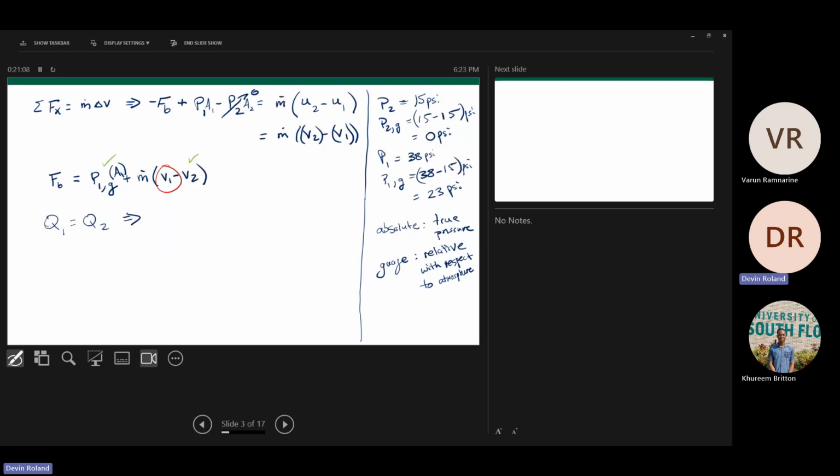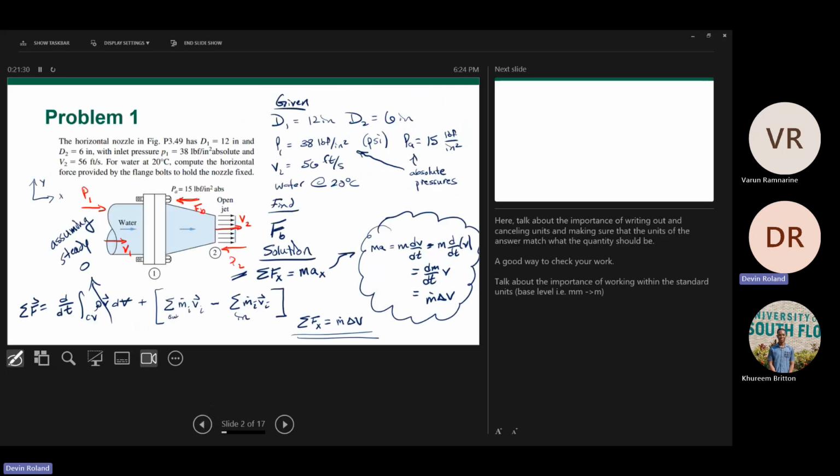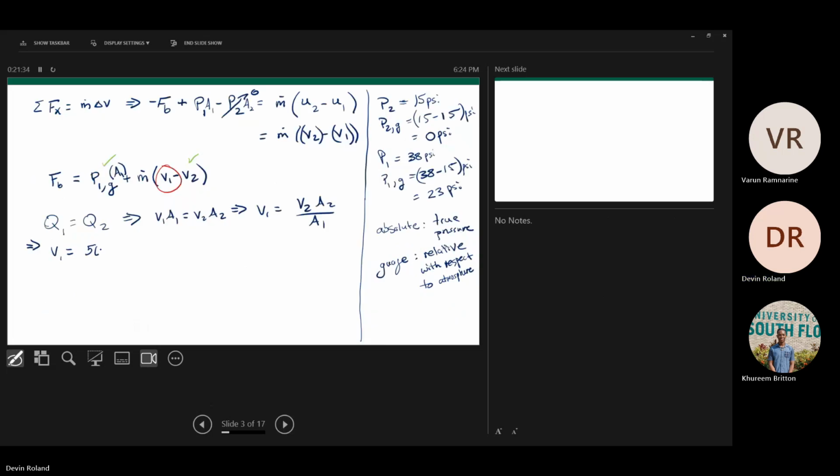So this is V1A1 equals V2A2. Then V1 is going to be equal to V2A2 over A1. V2 was 56 feet per second.